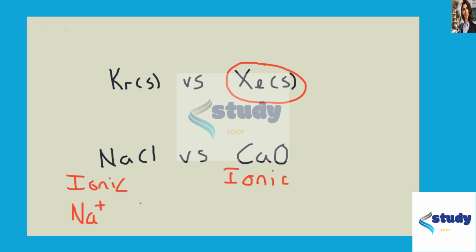So sodium is a single plus, chloride is a single negative. However, calcium is a 2 plus cation, and oxide is a 2 minus anion. So because the degree of charge is higher in calcium oxide, it's going to be holding these two species together even harder than the single positive charges in sodium chloride.